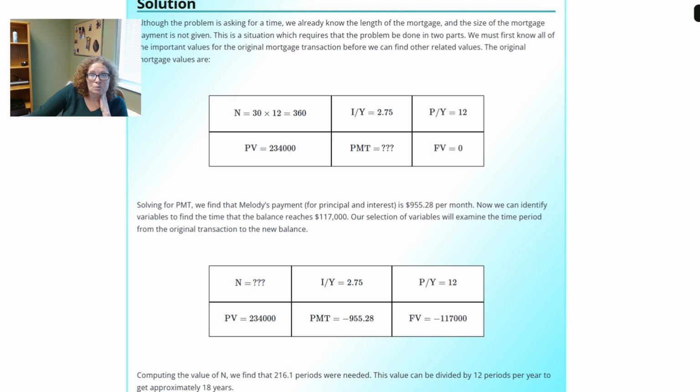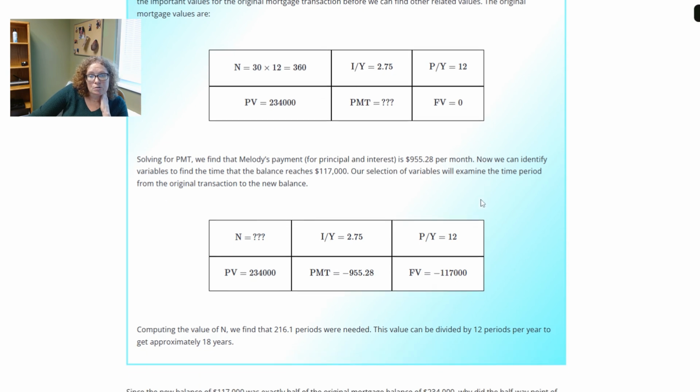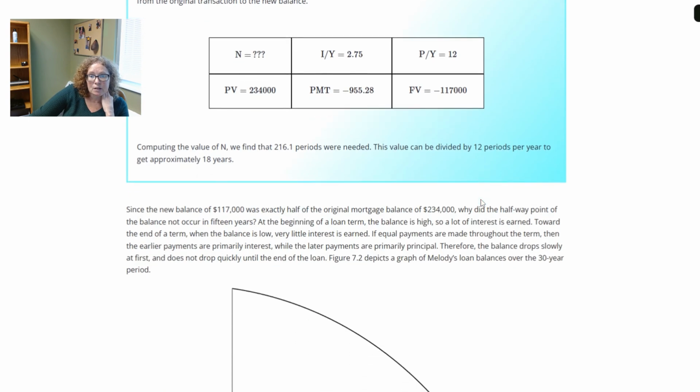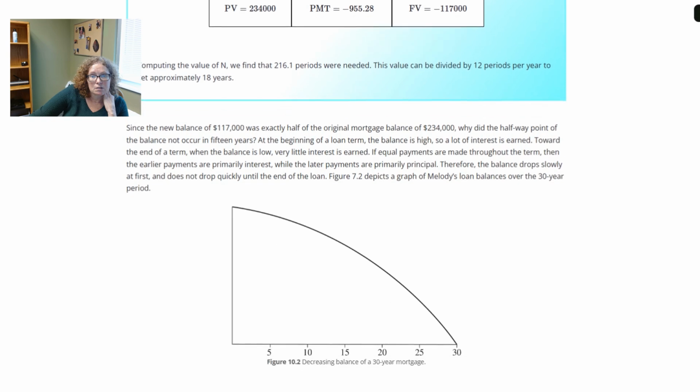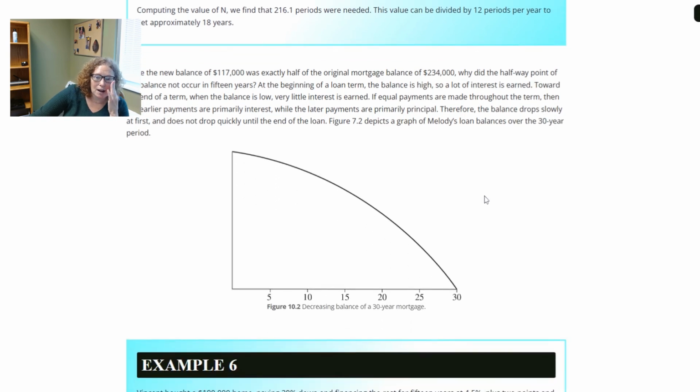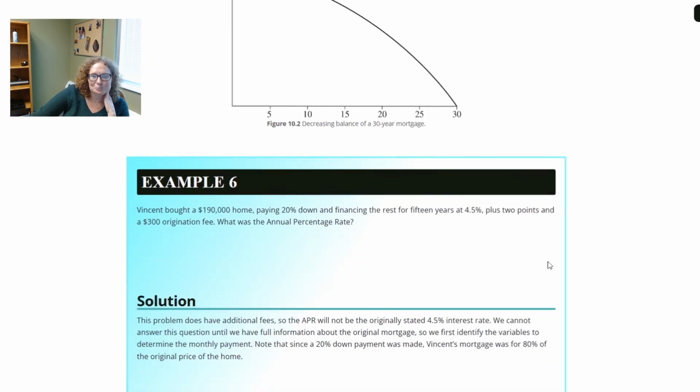We want to know the length of the mortgage. We want to know how many periods there are when we look at 12 periods per year. So here's a graph of what it looks like in the decreasing balance, how it just seems like it slowly goes down until we get to the end of it.